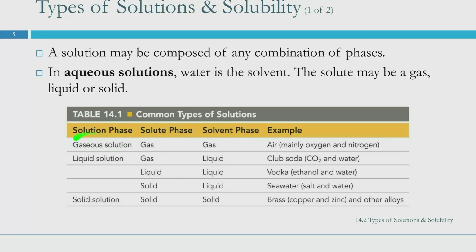So we can have a gaseous solution where the solutes, and the solvent, are all gases. Air is an example of a gaseous solution. There's a lot of nitrogen, there's oxygen, there's carbon dioxide, argon, some other gases. There's a bunch of liquid solutions you can have where our solvent is liquid.